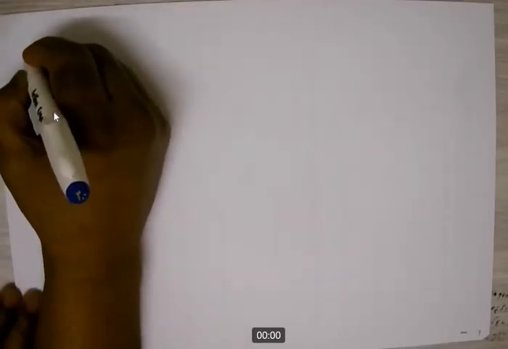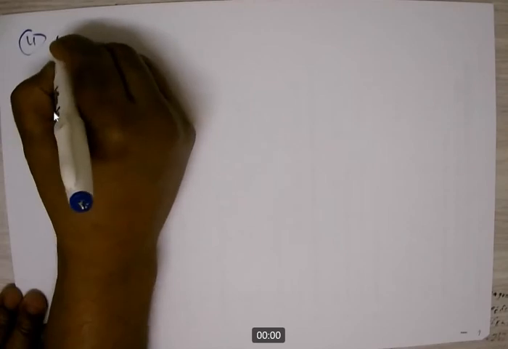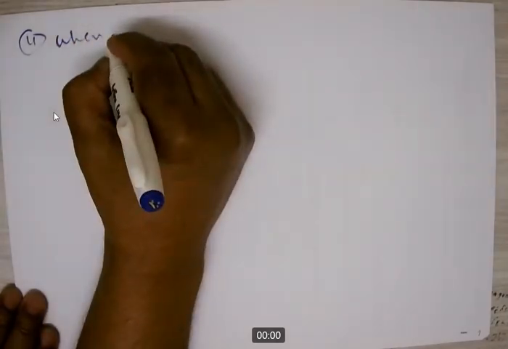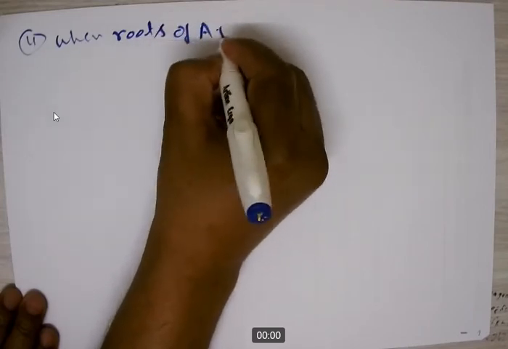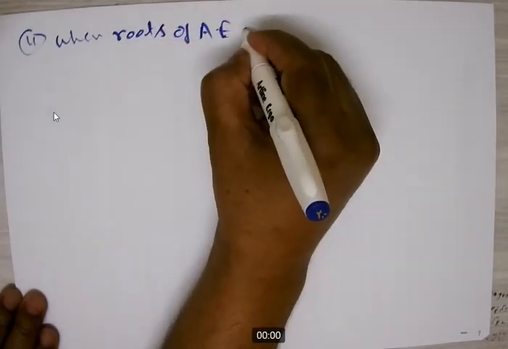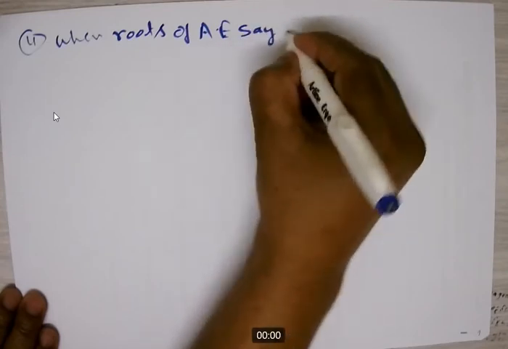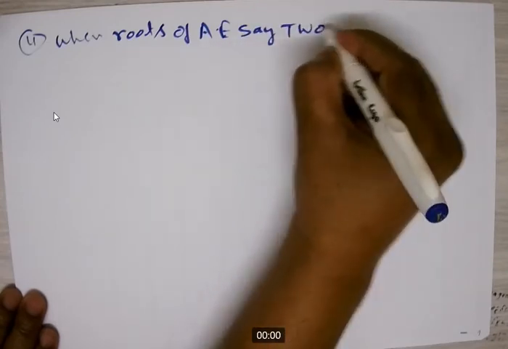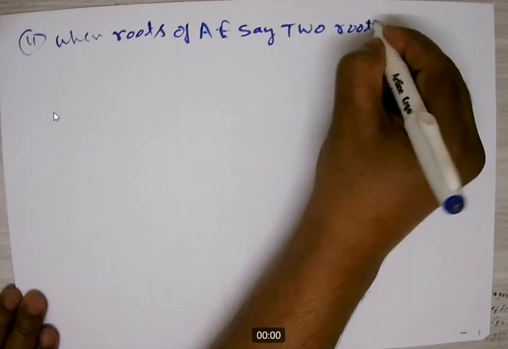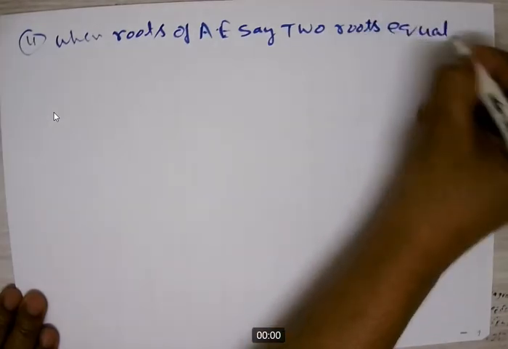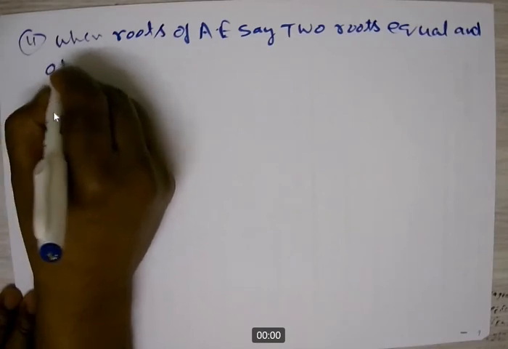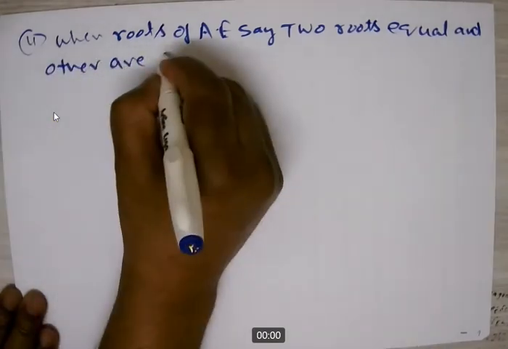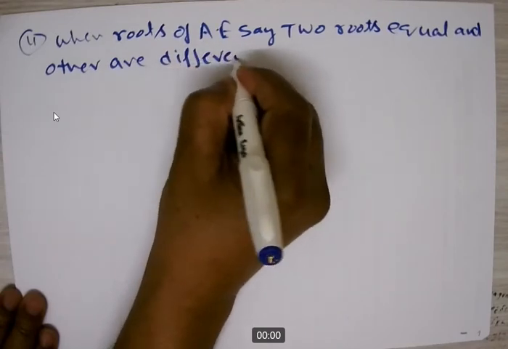Now I am going to explain case number 4, when the roots of the auxiliary equation, say 2 roots are equal and the other is different.